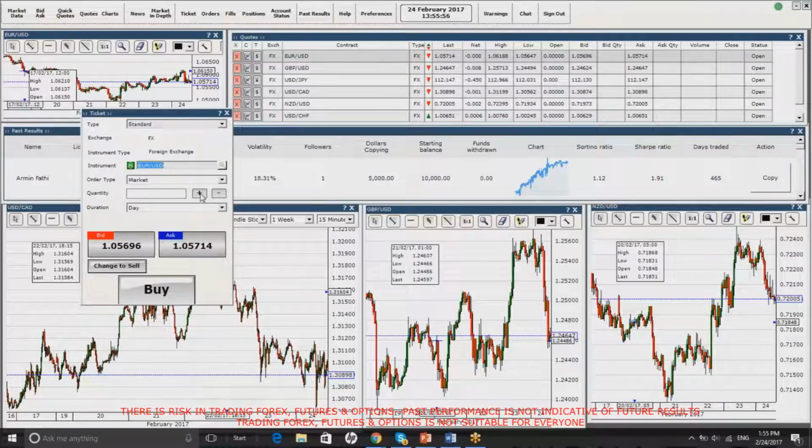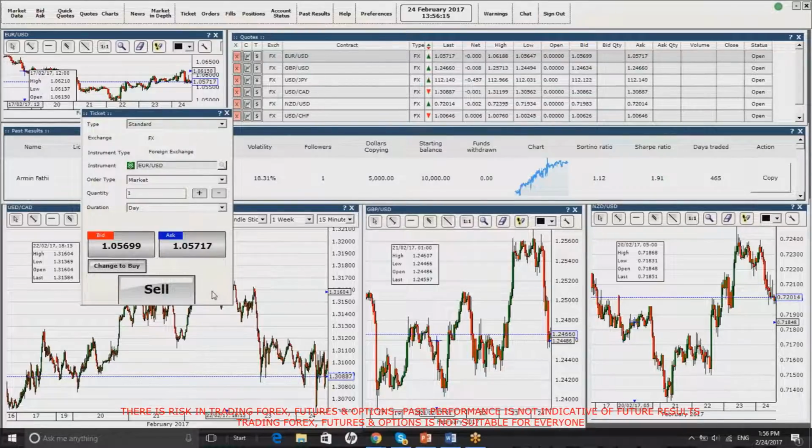In that case, you would go up here, you would select 1, assuming that I bought 1. So you would select the same exact number of lots, or should I say contracts, and then since I bought, you would have to change to sell, and you would sell.